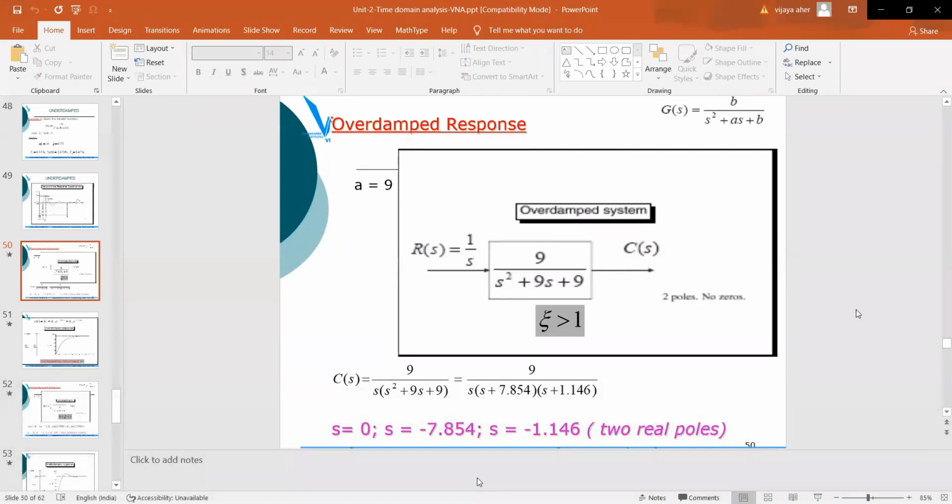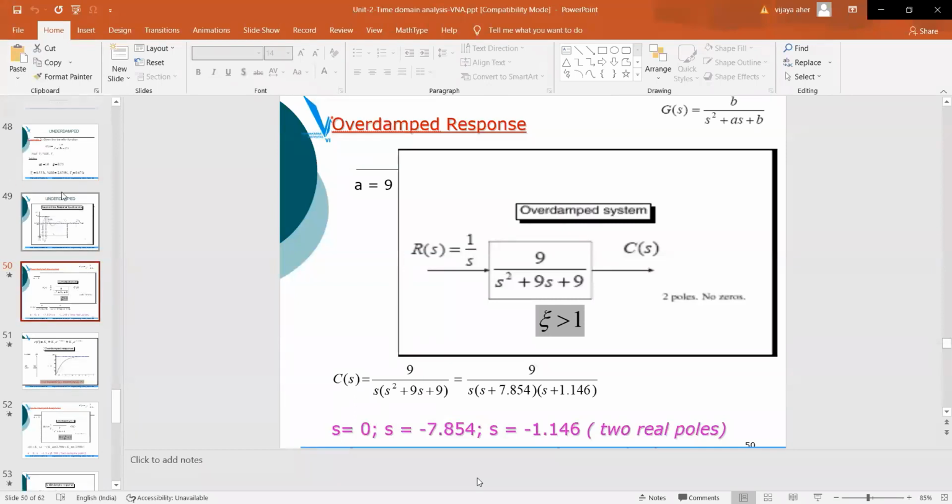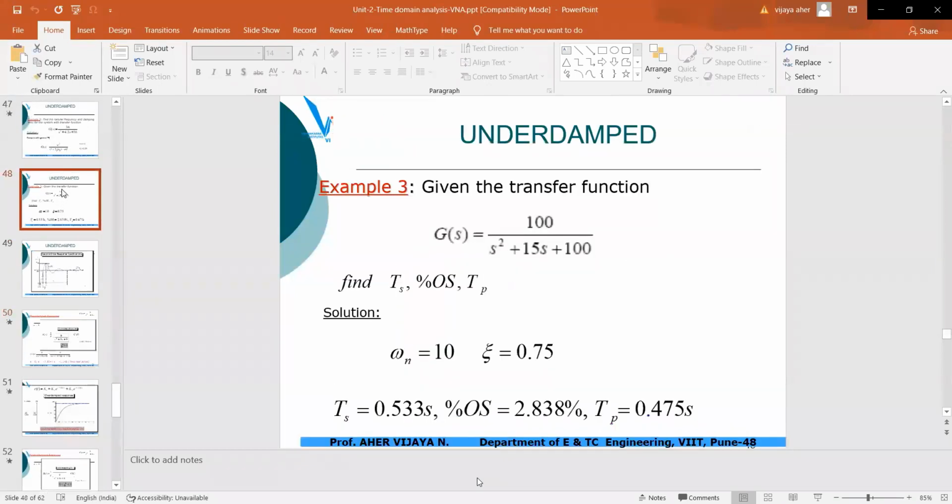Okay, students, in the last lecture you studied the response of the system for different values of zeta, starting from the underdamped system.